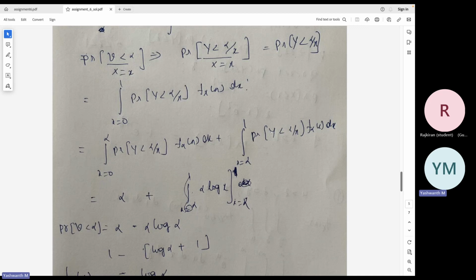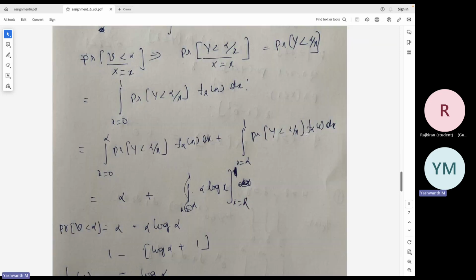Second integral: probability Y less than some beta, if Y is uniform, is just beta. So that will be alpha by X, and this term is 1.